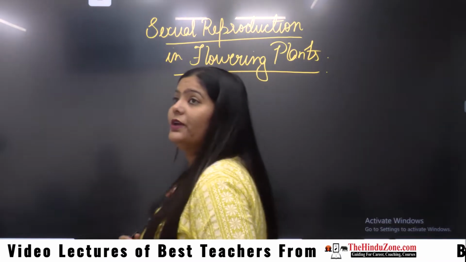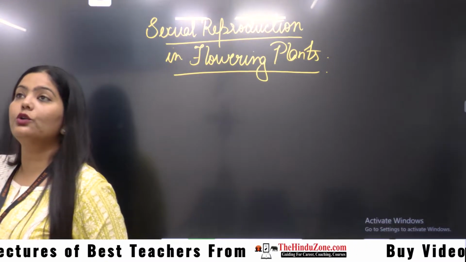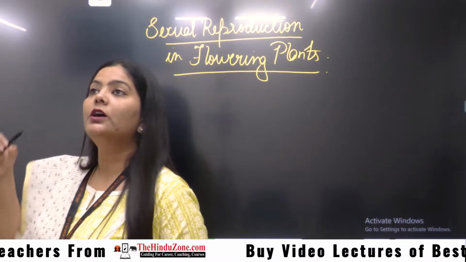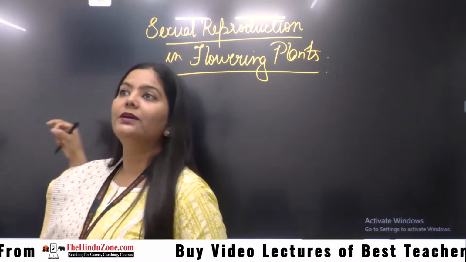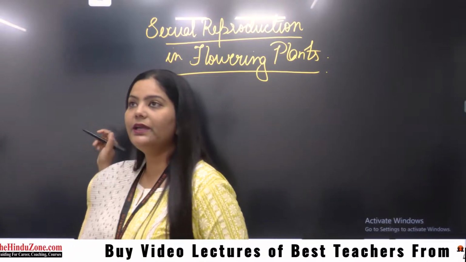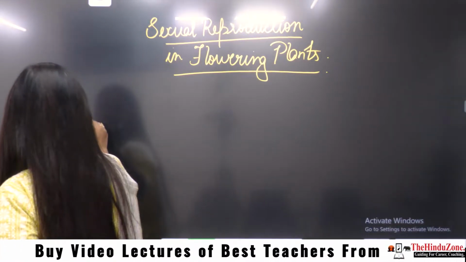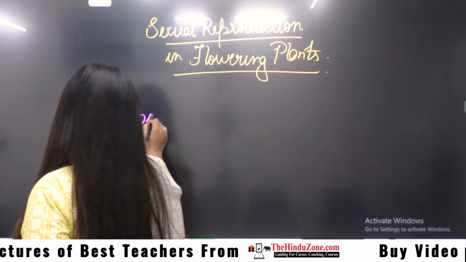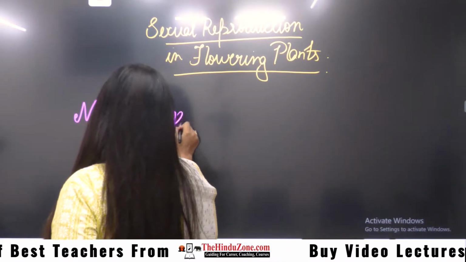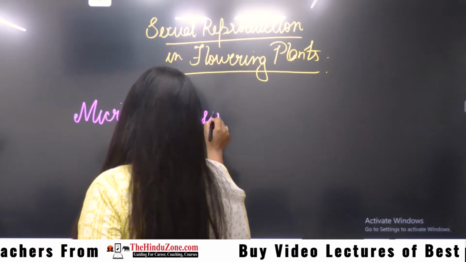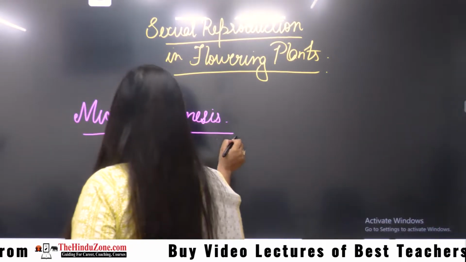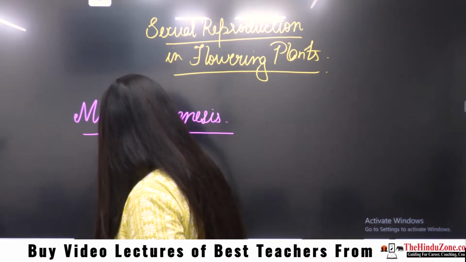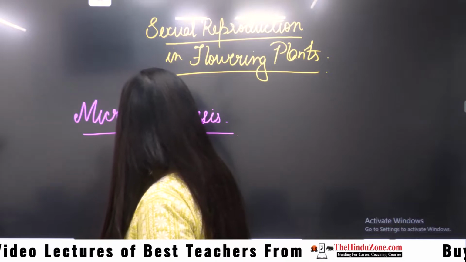If we go for microsporogenesis, this means the development of pollen grain and the male gametes, right? Here, like you all have seen, this part was the filament and here this was the anther.